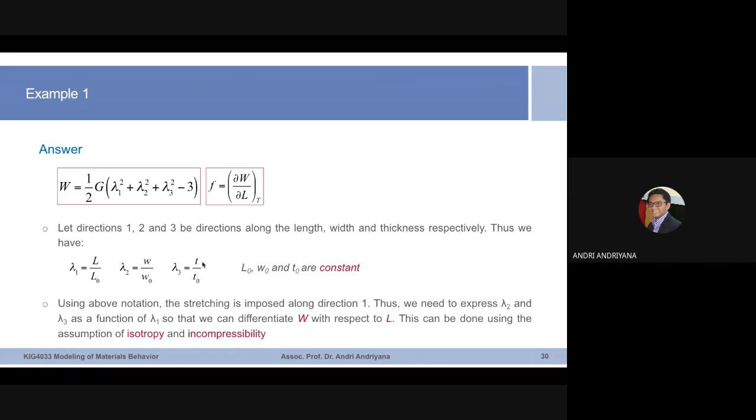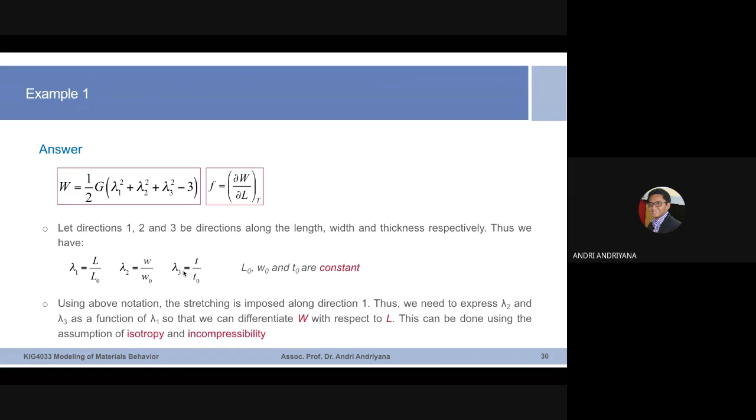We impose how much deformation we want to introduce to the material. And lambda 2 and lambda 3 will follow depending on the value of lambda 1. Because when you stretch it along the length, the width will decrease, and the thickness will also decrease, according to the Poisson ratio concept that we have learned in lecture 4 before. Which means that there is a dependence of lambda 2 and lambda 3 on lambda 1.